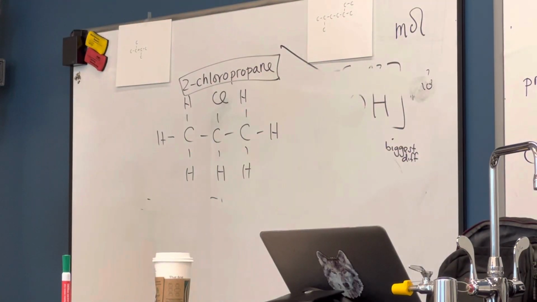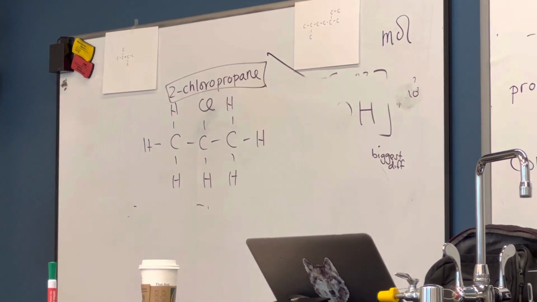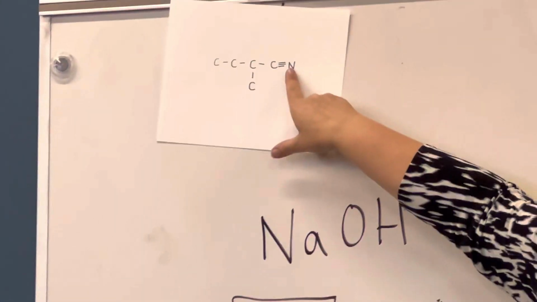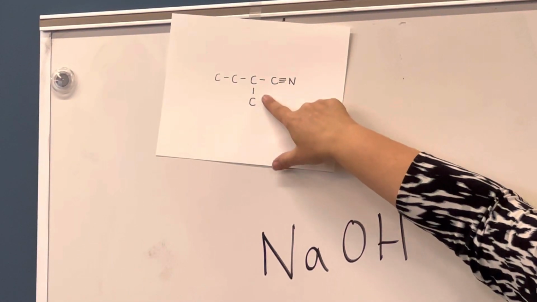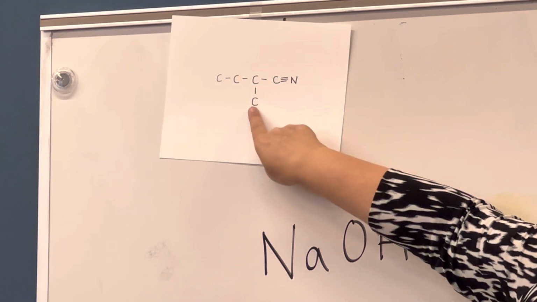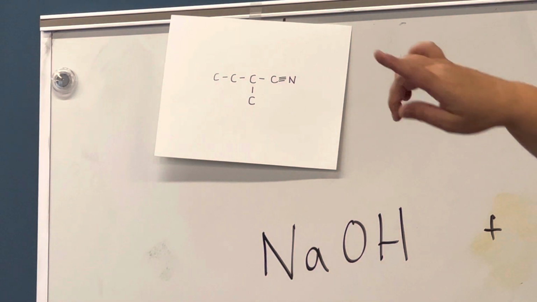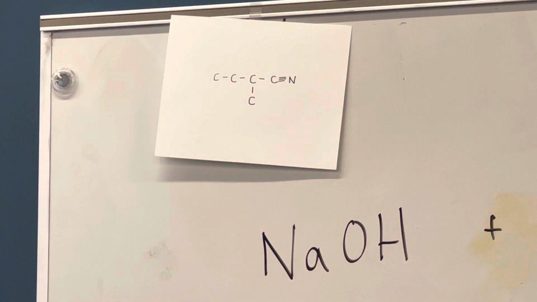Okay, so my center table looked at this. They saw that the longest chain was 4 carbons long. It had a nitrile. So they said it was going to be a butane nitrile. They said this carbon is the closest to what's interesting. This is going to define position 1. And so this is 2-methyl butane nitrile. That table there was looking at the COOH. They said that the longest chain was 3 long, so it was a propanoic acid.